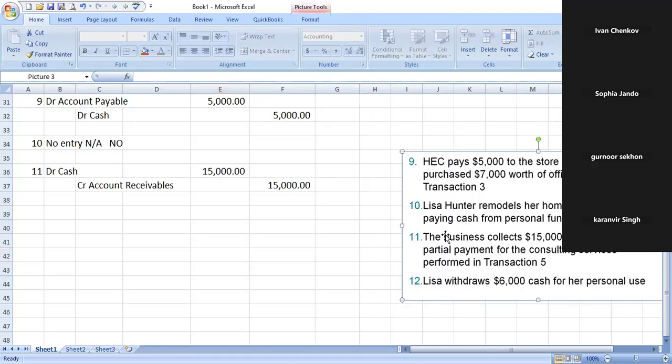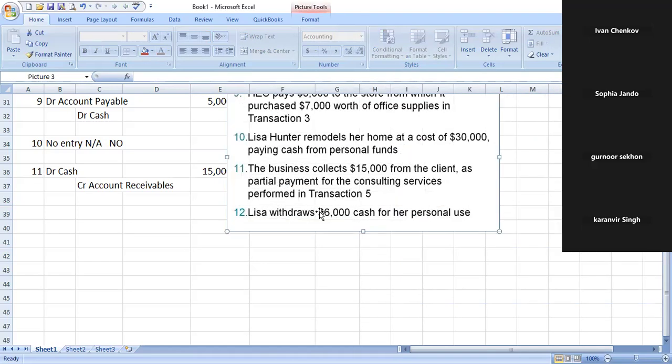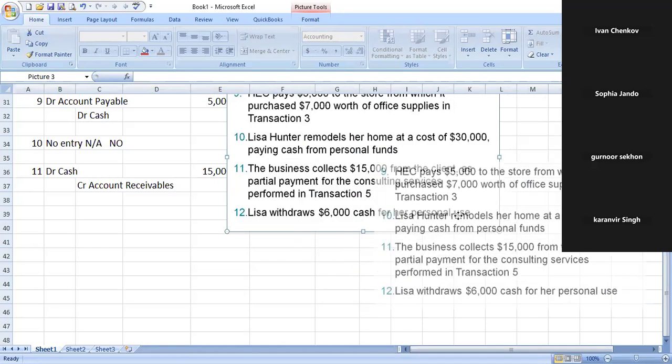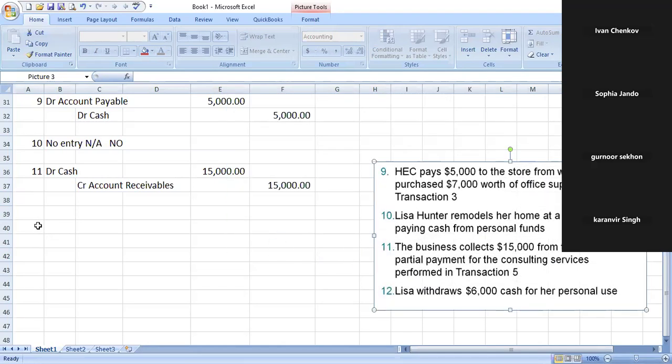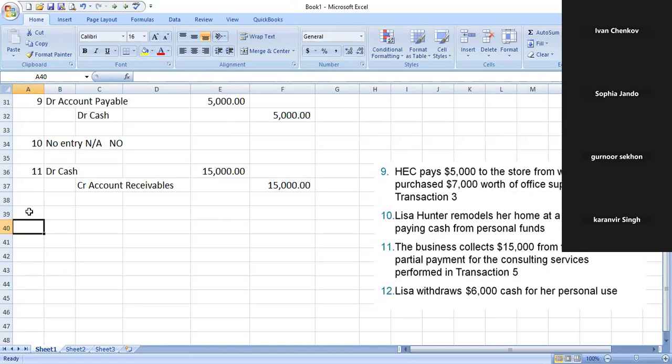And the last thing, what's left? The last thing, the owner of the company withdraws $6,000 for personal use. What are we going to do here? 12. Debit. Which account are we going to debit now? Owner's withdrawal.